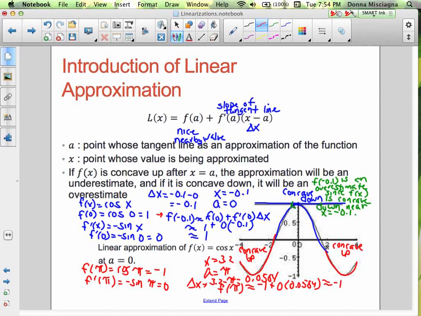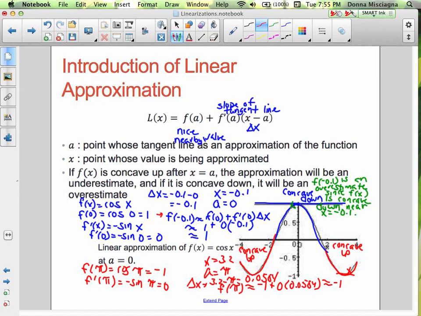So again, here would be a little bit right about there. We can see that that's not going to be as low. Pi's got to be right here, where you've got that relative minimum there. So you can see it's a little bit more, right? It's not quite as small.